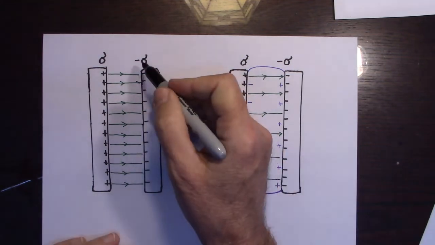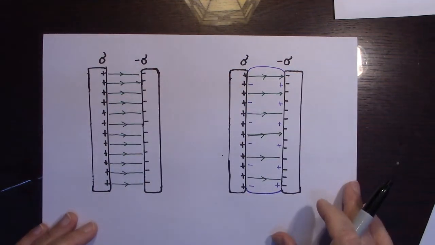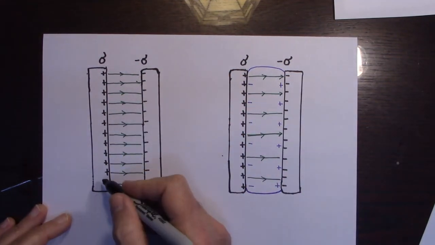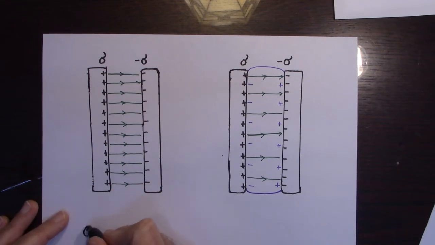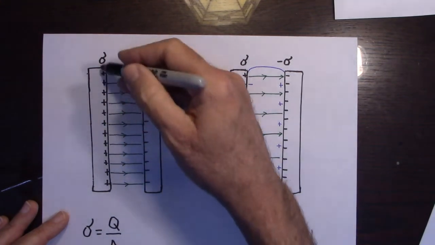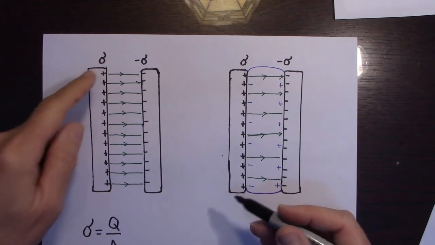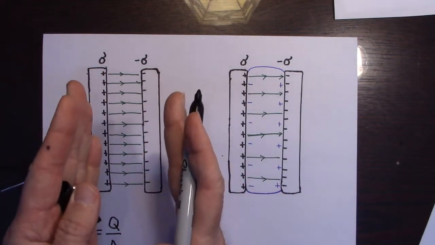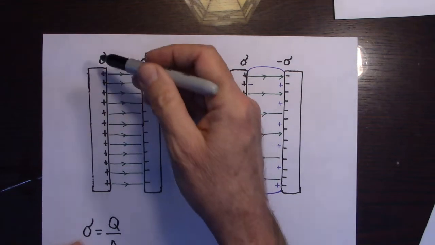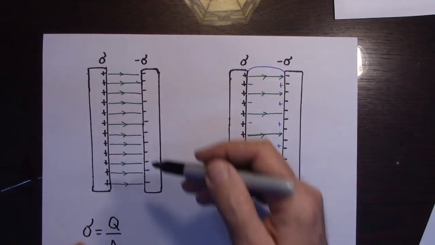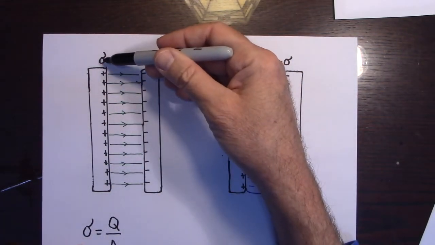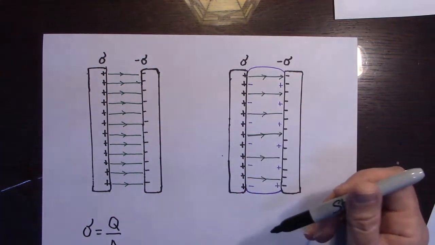These little sigmas, those are lowercase sigmas. That's the charge per area. So sigma is the charge per area of plate. I'm making these look like they aren't three-dimensional, but these plates are actually three-dimensional. How much charge you have per area is the sigma. And so you have as much positive sigma as negative sigma.